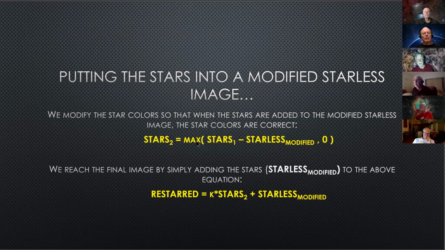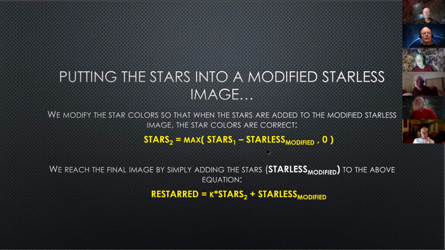Okay. When the stars are made, these new stars that we just made in the previous slide are put back into the image with an equation like this, which takes the maximum value of the stars we just made in the previous image minus the starless image, or 0. It's not intuitively obvious why this works, and I'm not going to go into a long explanation of it. Partially it works because I did it wrong so many times. Eventually, I got around to figuring out how to do it right.